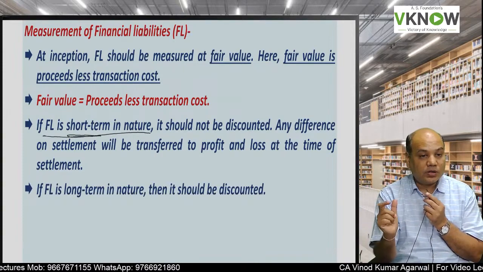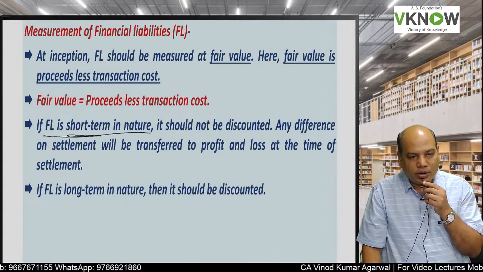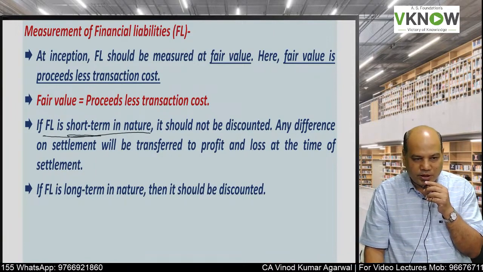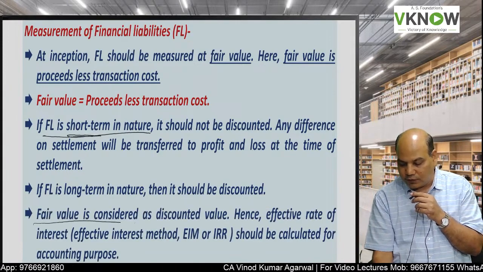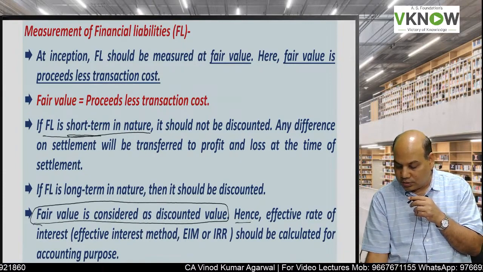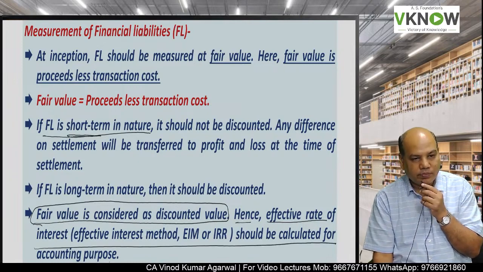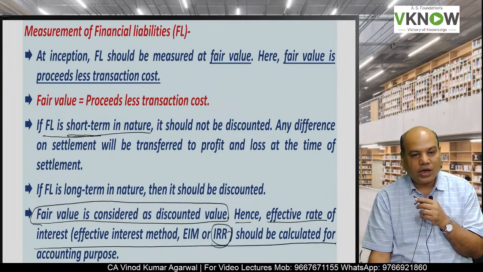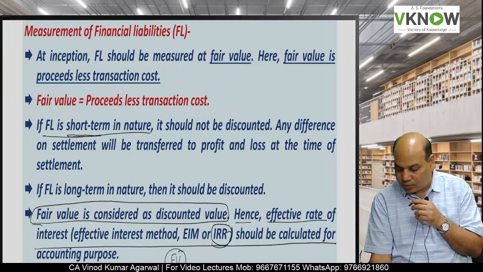But if the financial liability is long term in nature, that is the amount will be paid after 12 months, then it should be discounted. Fair value is considered at discounted value. Here, effective rate of interest should be calculated for accounting purpose. Effective rate of interest means IRR. IRR will be calculated.